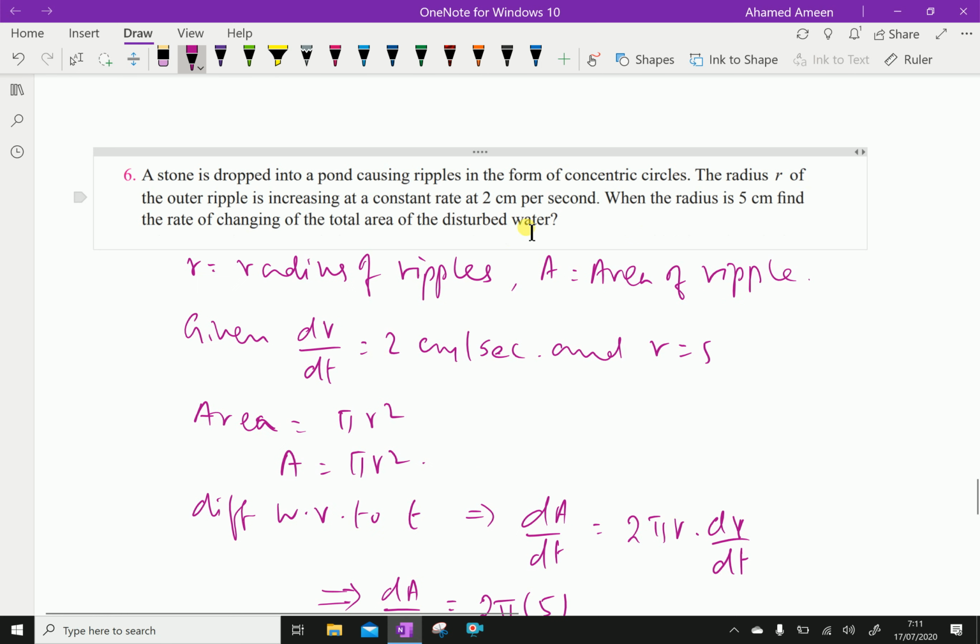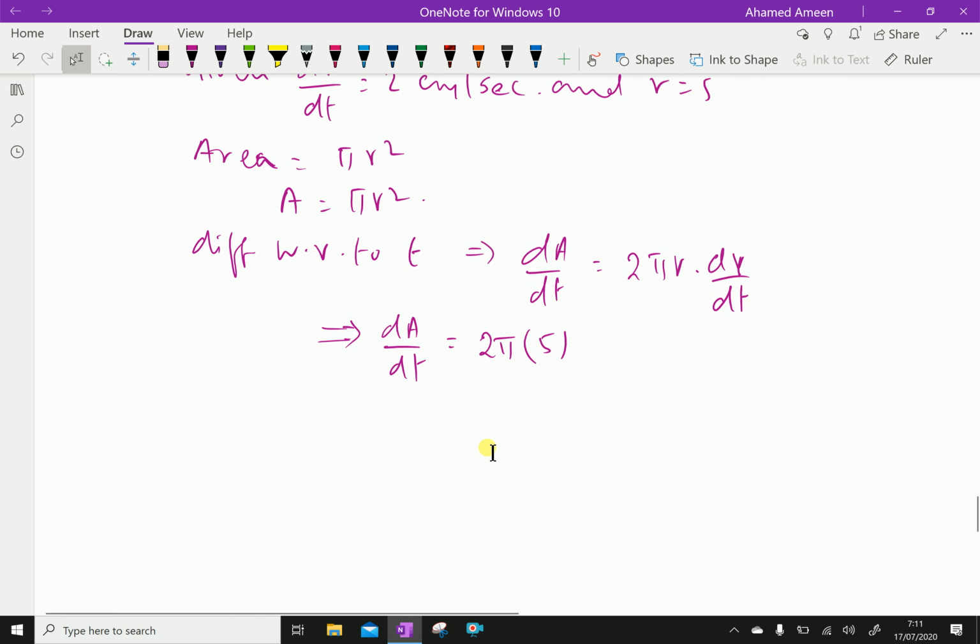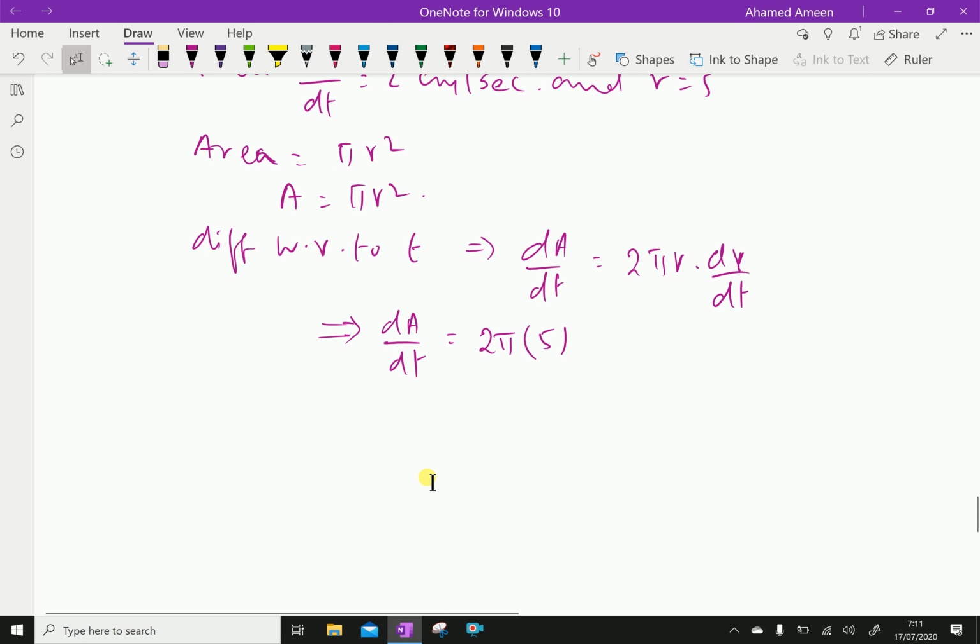Our aim is to find, when the radius is 5 centimeter, the rate of change of total area. So at radius 5 and dr by dt equals 2 centimeter per second, we have dA by dt equals 2 into 5 is 10, 10 into 2 is 20 pi square centimeter per second.